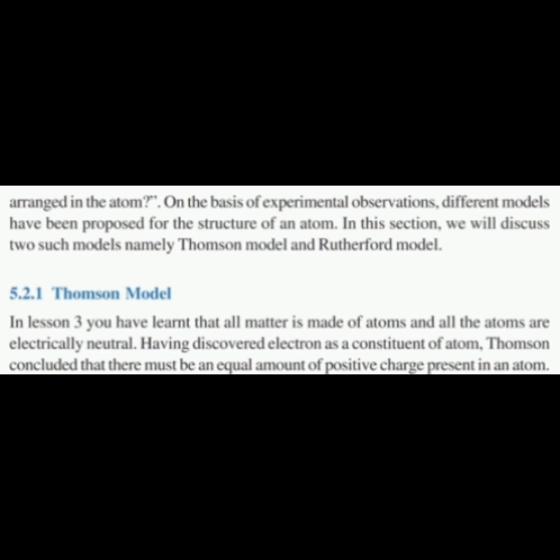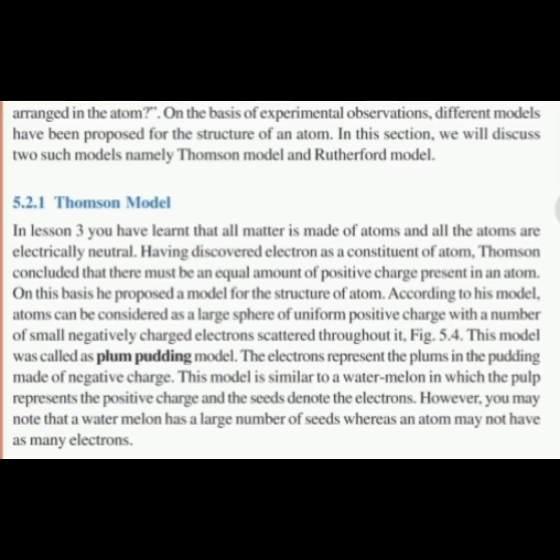5.2.1 Thomson model. In lesson 3, you have learnt that all matter is made of atoms and all atoms are electrically neutral. Having discovered the electron as a constituent of atom, Thomson concluded that there must be an equal amount of positive charge present in an atom.